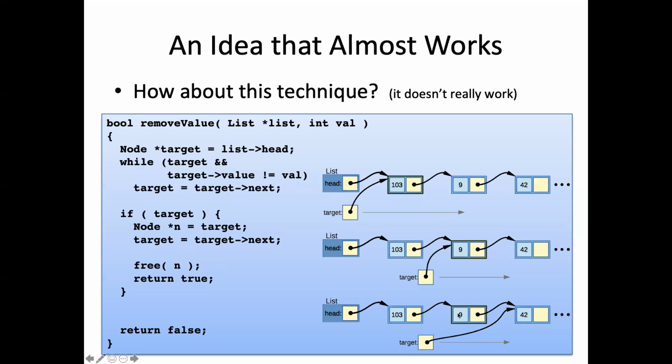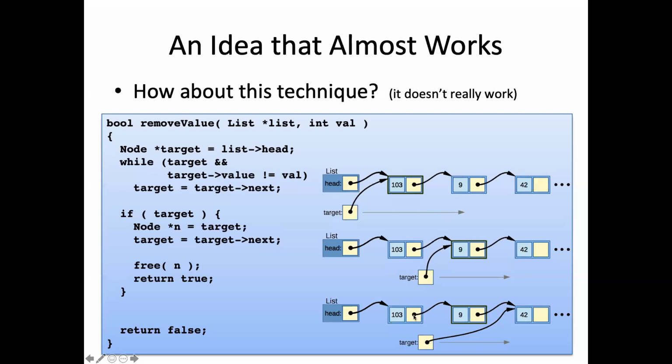So let's say here I find the node I want to remove, maybe this 9. When I do this assignment, I'm saying take target and make it point to this node with the 42 in it, like this bottom picture shows. To remove that node from the list, I have to change this pointer right here. It doesn't matter where target points. I need to change the next pointer out of a node.